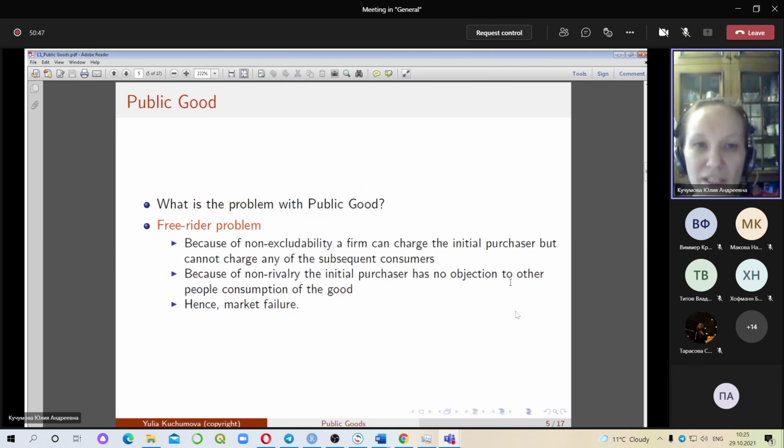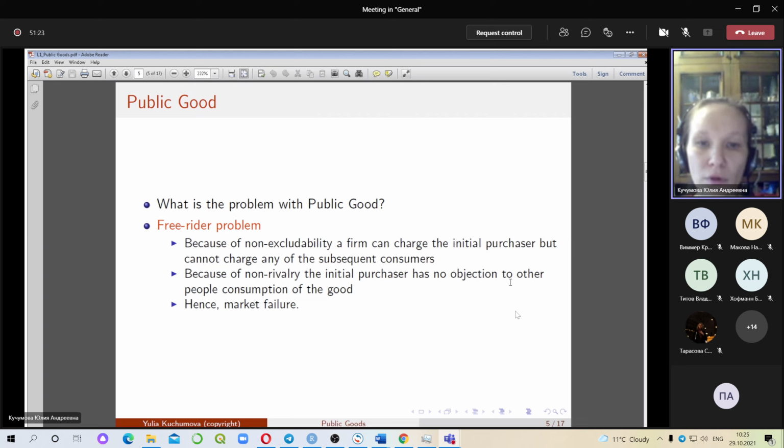But why do we study public goods? What is the problem with public goods? You are all familiar with this problem. It's called the free rider problem. What is the logic behind this problem? Because of non-excludability of a public good, a firm can charge the initial purchaser, but cannot charge any of the subsequent consumers, right?